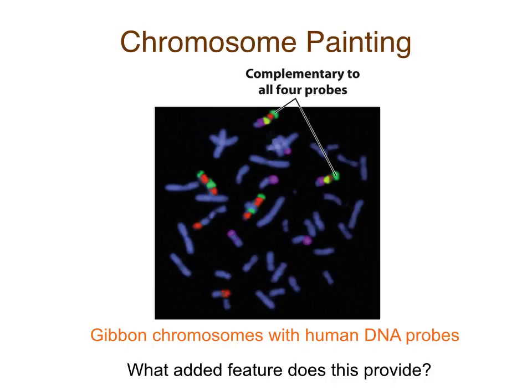These are some of the added features of being able to not only distinguish the chromosomes with these different techniques, but also look at homologous regions of chromosomes, and then begin to reconstruct the chromosomal history, like what happens.